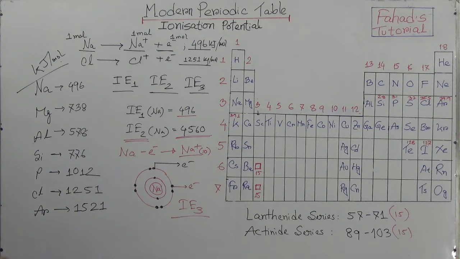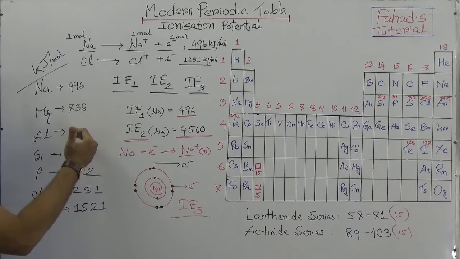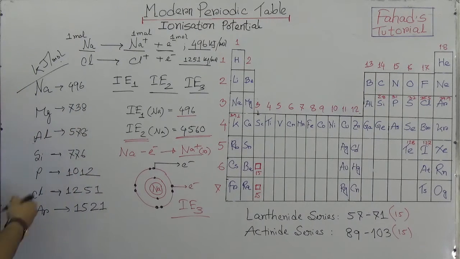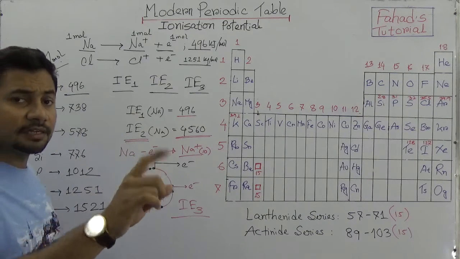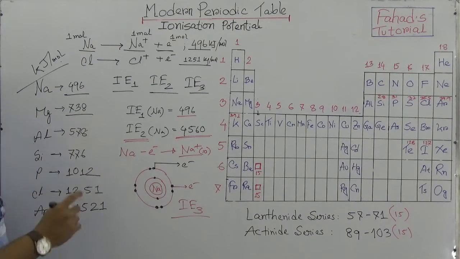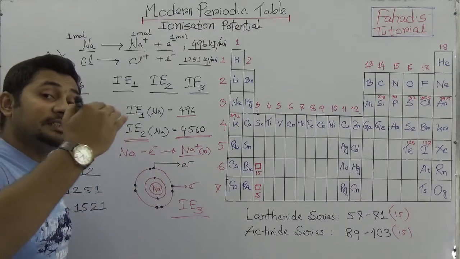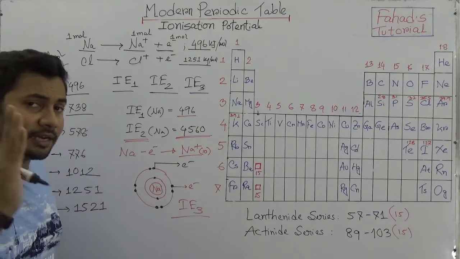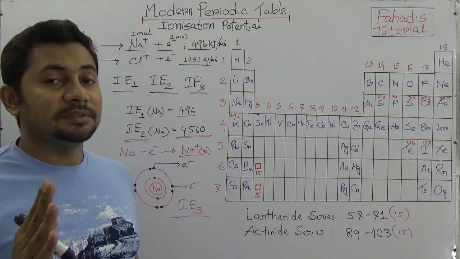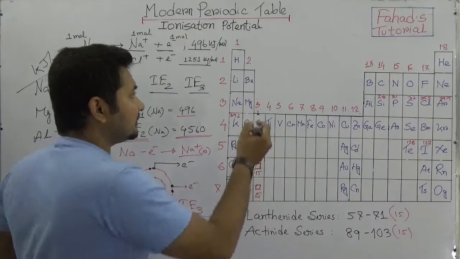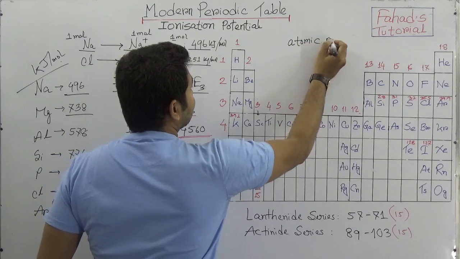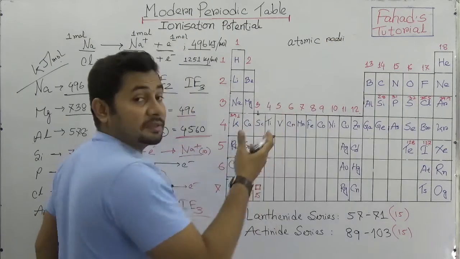And you see why it is so variable. It is 496 because the outermost shell has 1 electron. It is 738 for magnesium, getting higher than sodium, and this is directly related with the atomic radius.